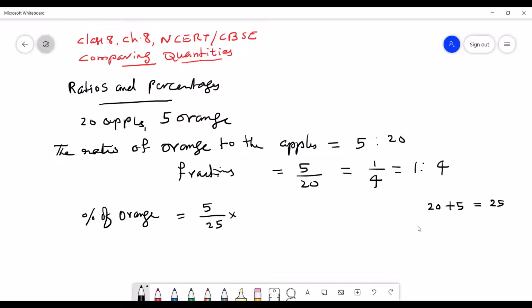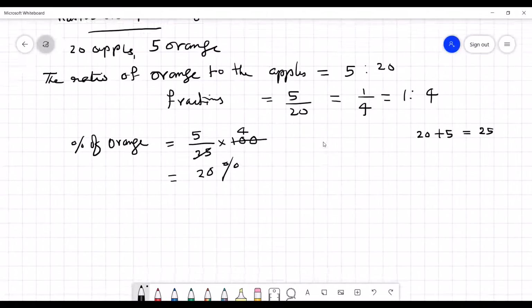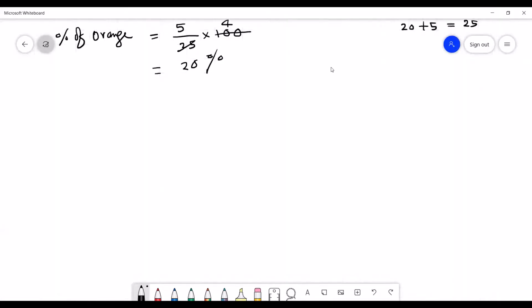For bringing it to percentage, we have to multiply by 100. So 25 will go into 100, 4 times. So 4 into 5 is 20%. And this is the percentage of oranges in that particular box.